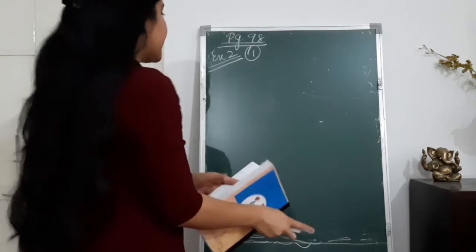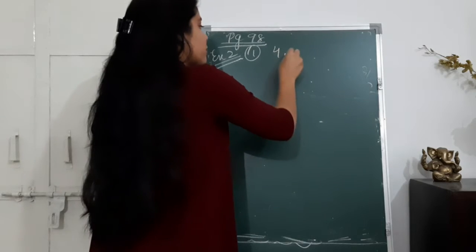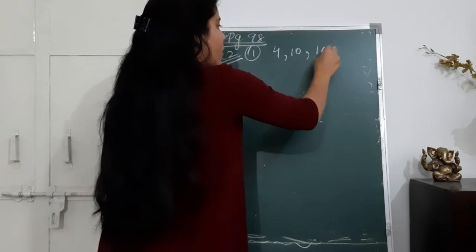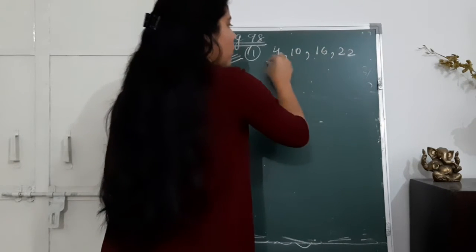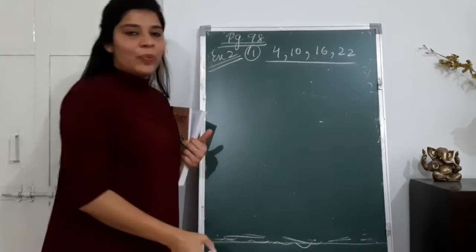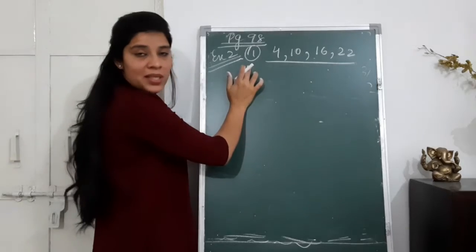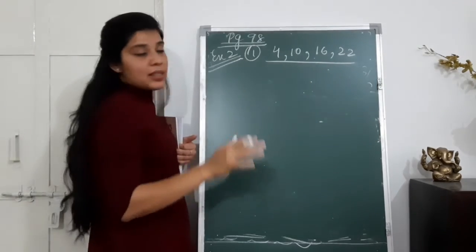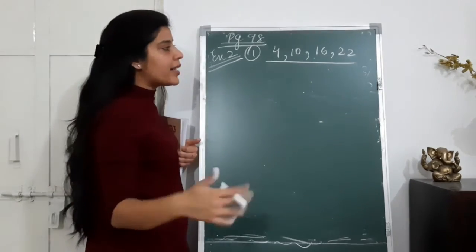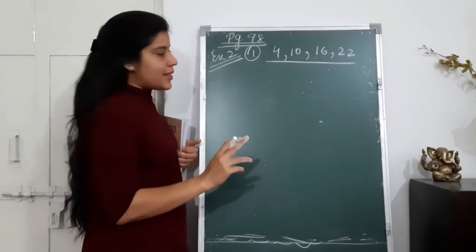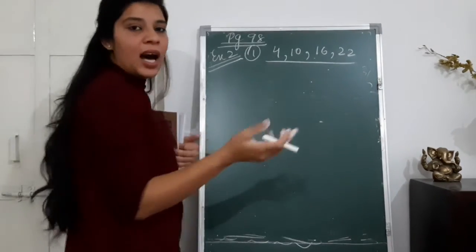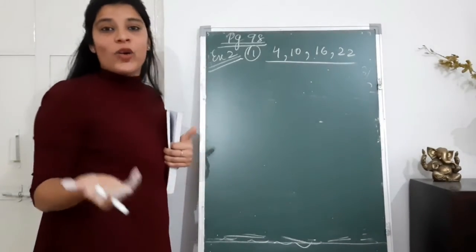It's 4, 10, 16, 22. Now what are they asking here? They are asking, does this list form an AP? And if this list is forming an AP, then you have to write the next two terms for this AP, right? So let's see how we are going to find that this is forming an AP.